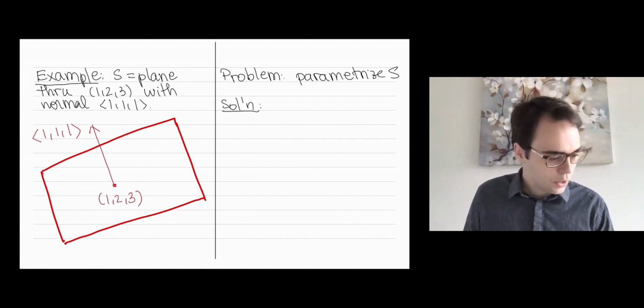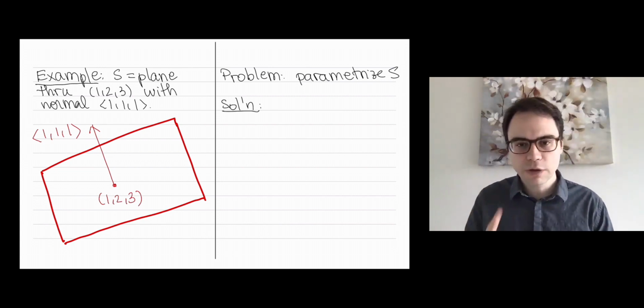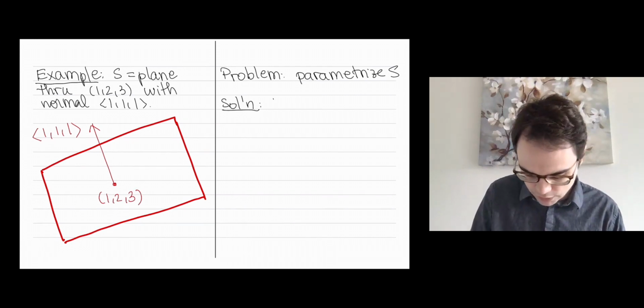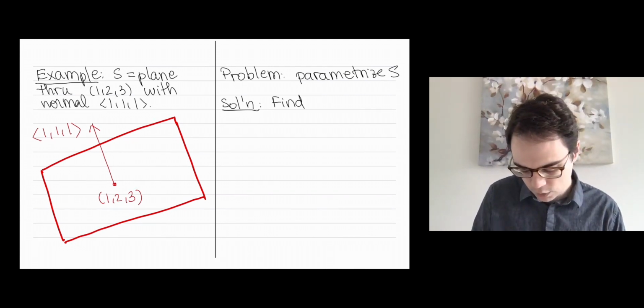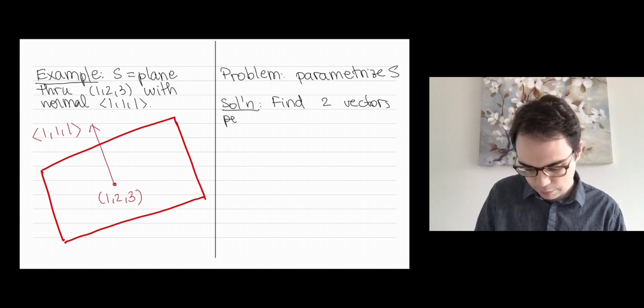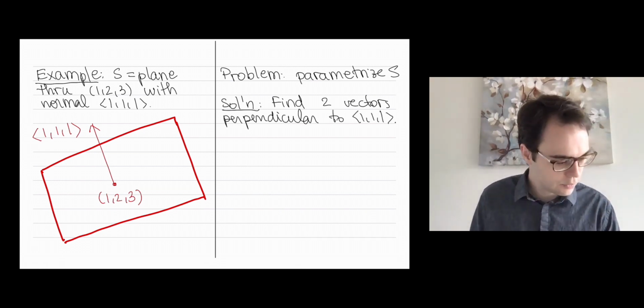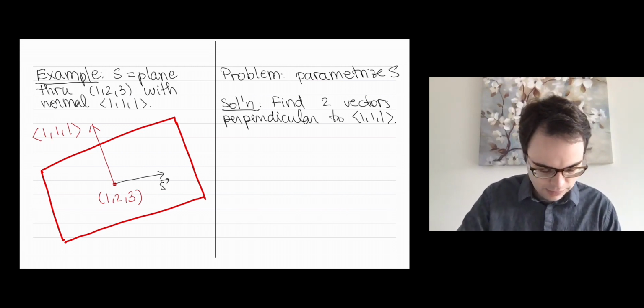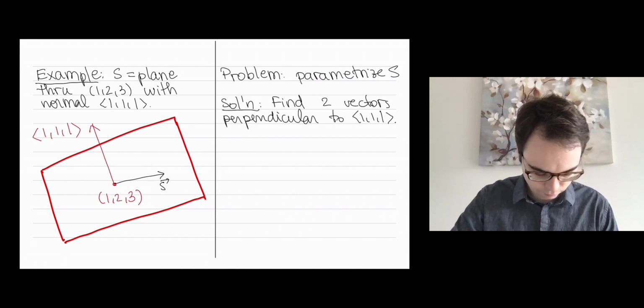We're going to start by finding two vectors perpendicular to 1, 1, 1. Okay, so find two vectors perpendicular to 1, 1, 1. Let's say the two vectors are these two guys, S and T.